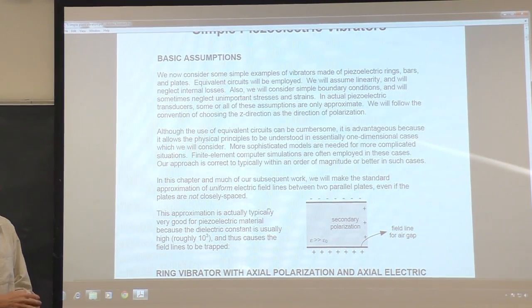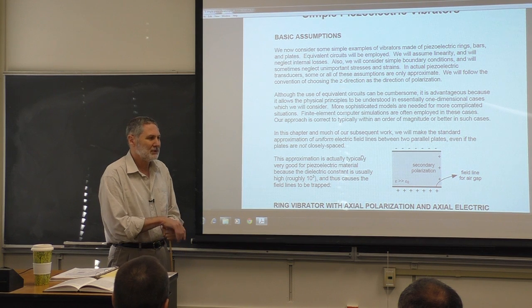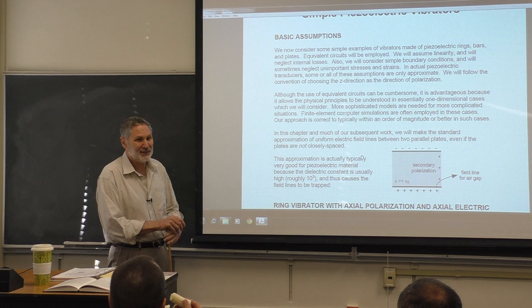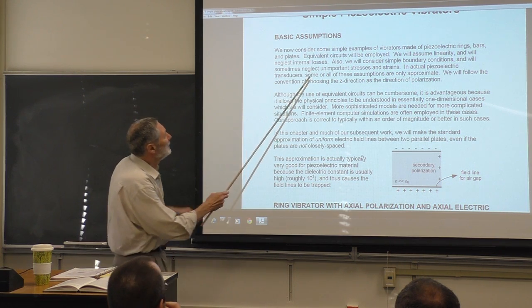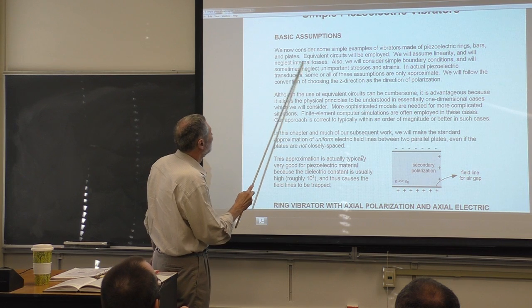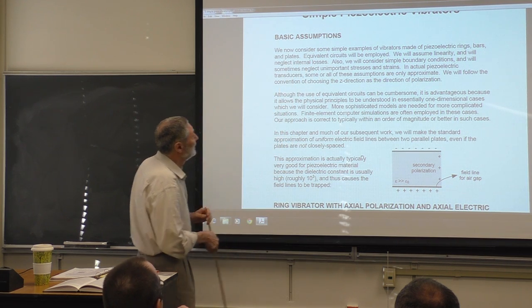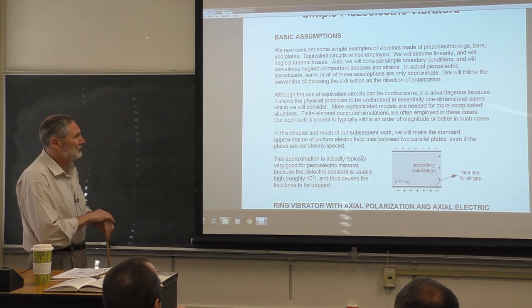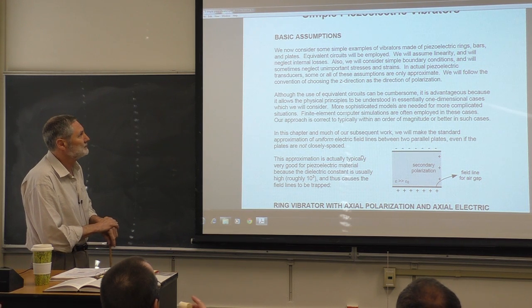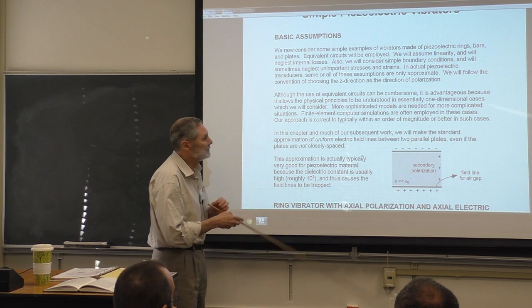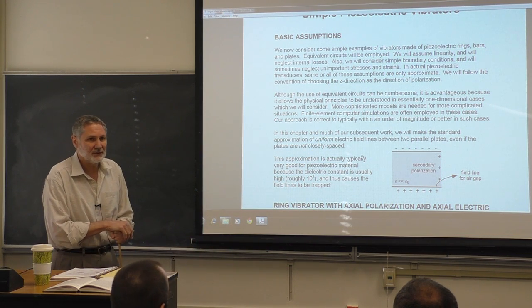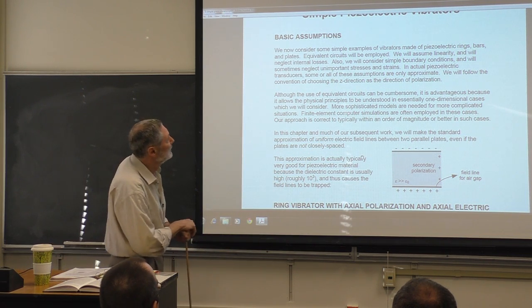It's easy when you're dealing with mechanical impedance and you've assumed negligible resistance. You can always just add it to the impedance. So he actually does this, so it's not completely right to say we neglect internal losses. We're going to do simple cases, simple boundary conditions. And as you'll see, sometimes there'll be unimportant, negligible stresses and strains. They just aren't relevant. We'll neglect them.